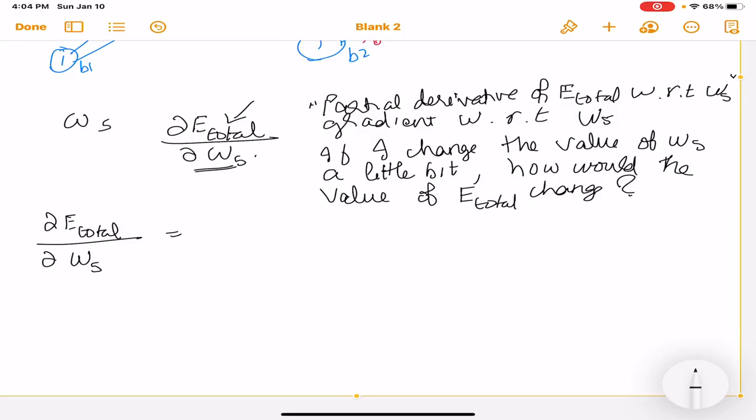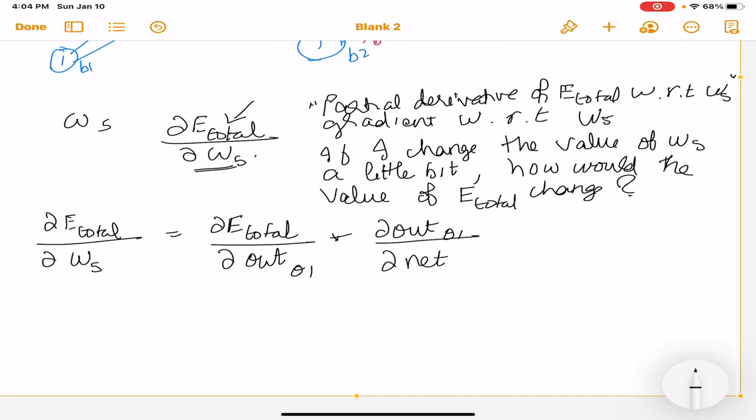So dou E total by dou W5 is nothing but, according to the chain rule, dou E total divided by dou out O1, into dou out O1 divided by dou net O1, into dou net O1 divided by dou W5.